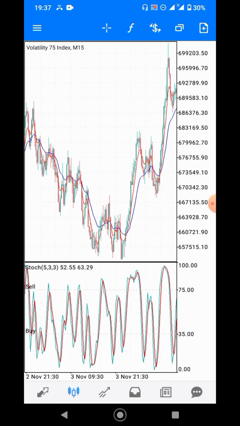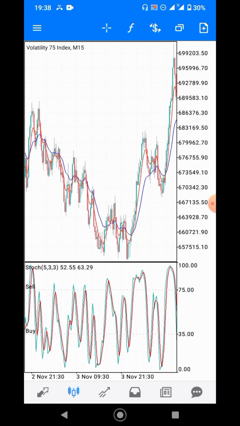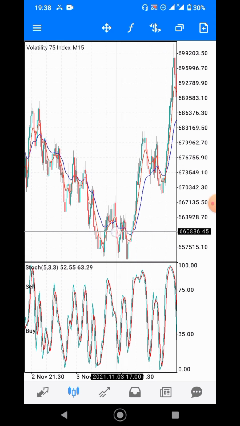So let's backtest it a little bit. If a crossing occurs in the stochastic oscillator below level 35, you switch to your main chart and you want to see that after not more than 2 candles a crossing occurs.